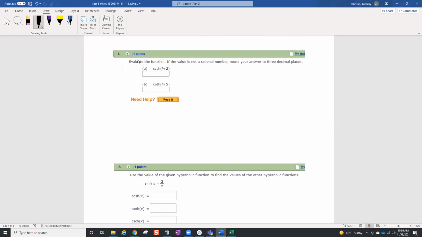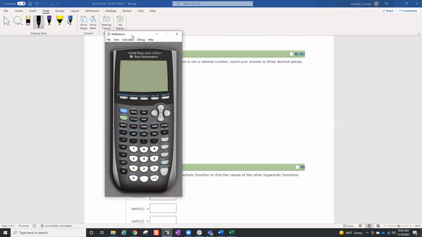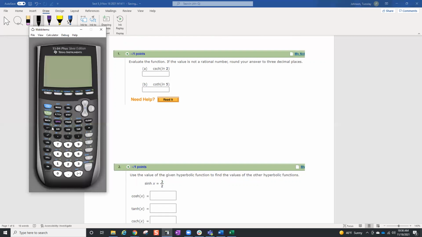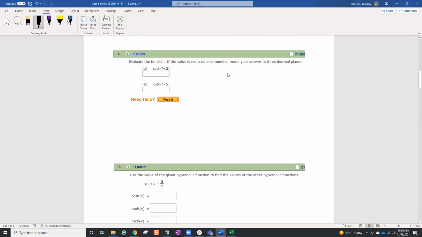If we want to evaluate the function, I'm looking on my calculator because anytime I have to evaluate, my calculator is the first thing I want to use. And I don't have hyperbolic trig functions because they're not on the calculator. So I have to get clever. We see the hyperbolic cosecant of natural log of 2. What is that?